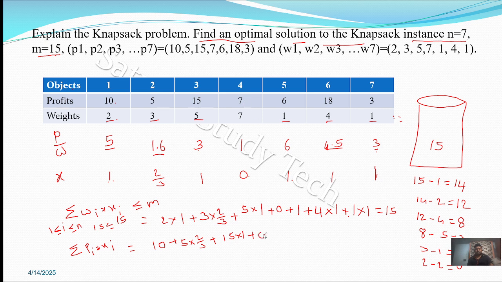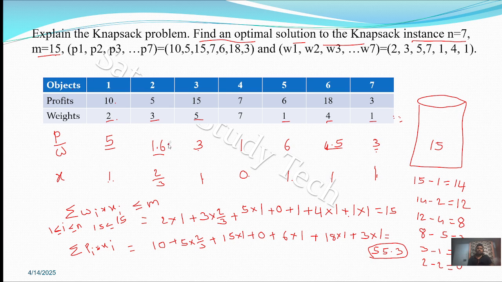So here the profit is 0. Next one is profit 6 into xi value, plus 18 into 1, plus here it is 3 into 1. So the total value is 55.3. So you can get 55.3. So this is the maximum profit.